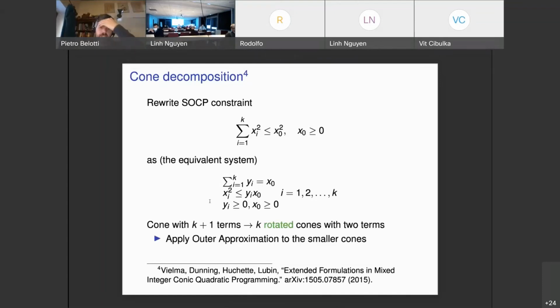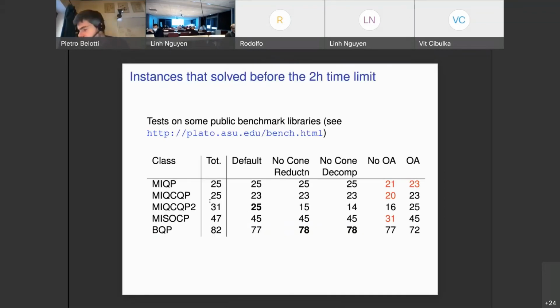But curiously enough, if you do this and then apply outer approximation on the smaller cones, the performance can improve a lot. For some instances, of course, there are some where this does better.